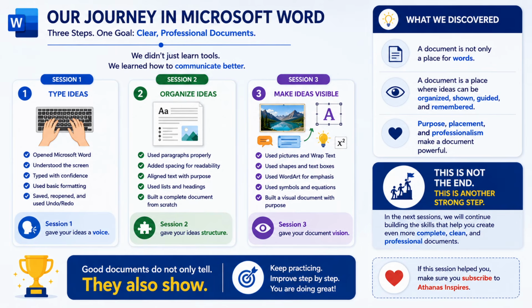But remember, this Session 3 was not about adding more things to the page. It was about helping the page speak more clearly. Good documents do not only tell, they also show. So keep practicing and improve step by step.